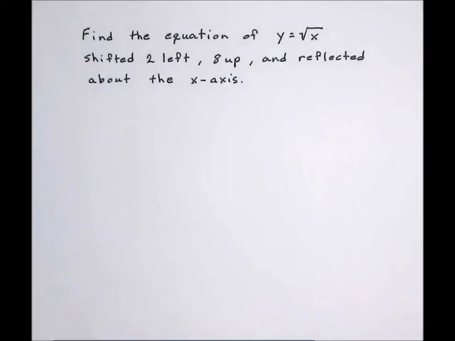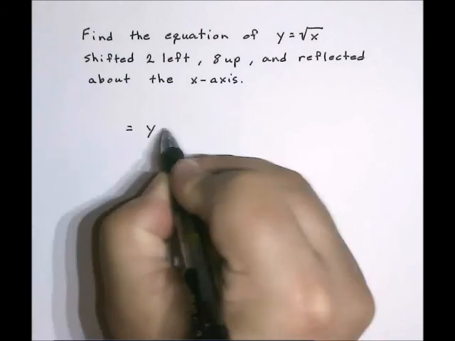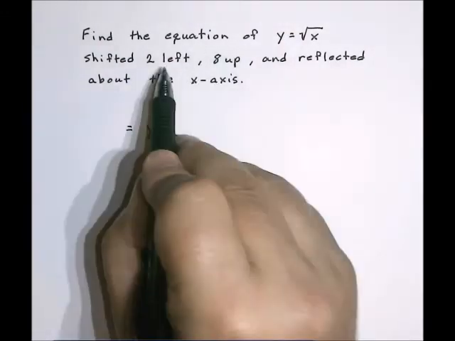Let's do one more. Okay, the base function here is radical x, and I want to shift it 2 left, 8 up, and reflect it around the x-axis. Okay, so let's do the 2 left first.